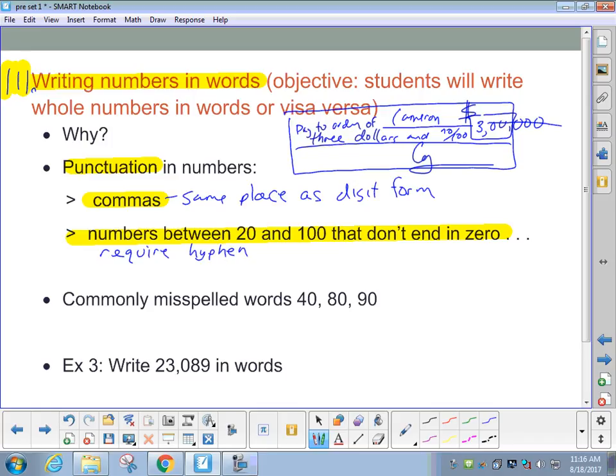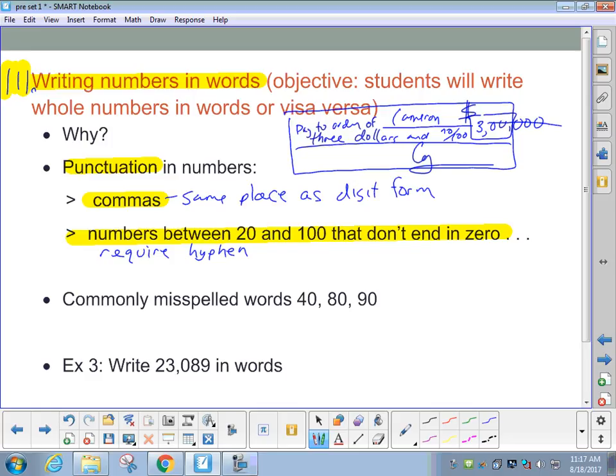I'm not sure the difference between a hyphen and a dash. I think a hyphen is short and a dash is long. Okay, now when I say hyphen, I mean you need to join them together with that unifier. So for example, give me a number between 20 and 100 that doesn't end in 0. 49. Okay, 49. You agree that 49 is between 20 and 100, and that it doesn't end in 0.